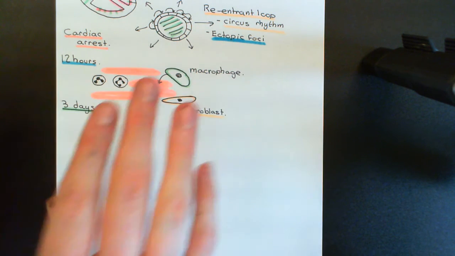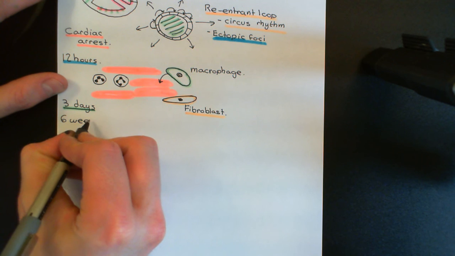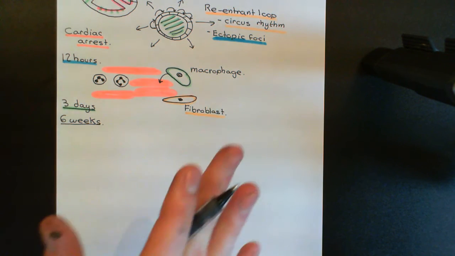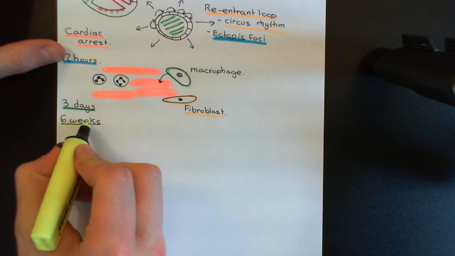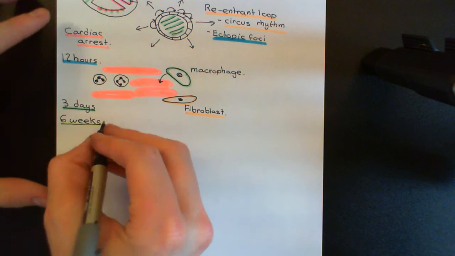So overall then, by about 6 weeks after the heart attack, okay, so after 6 weeks, what you will have got is all of the cardiomyocytes that died in the heart attack, they will have completely gone. Okay, there'll be no remnants of them anymore. And instead, in the place where you had the heart attack, the ischemia occur, you will have lots of fibroblasts surrounded by a very dense extracellular matrix, a huge amount of fibrous tissue, and that's now known as a fibrous scar.